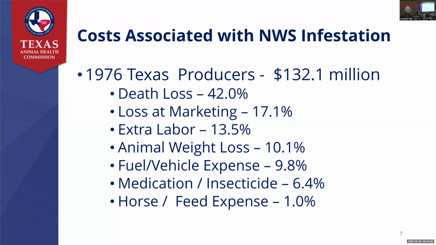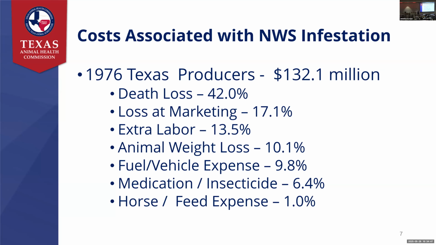And there were close to 15,000 reported cases, 14,800 some odd cases reported in those 173 counties. Keep in mind that we had a production facility in Texas that was producing 200 sterile flies a week.